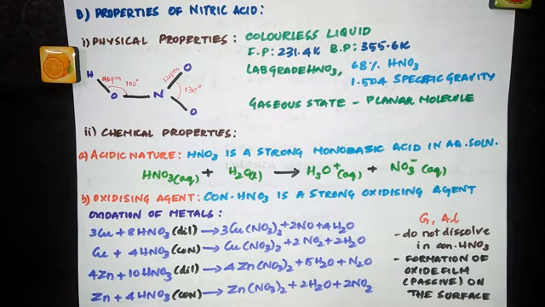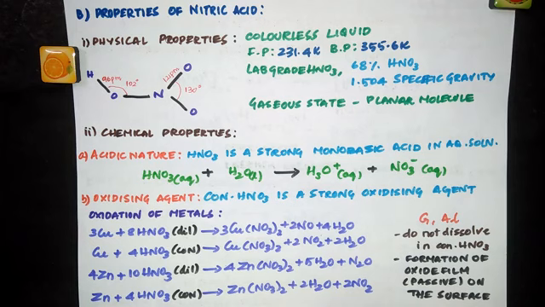Some metals like chromium and aluminium do not react with nitric acid, because when these metals are dipped in concentrated nitric acid, they lose their normal activity and become passive, which means they don't react anymore. That passivity is due to the formation of a thin protective layer of metal oxide.